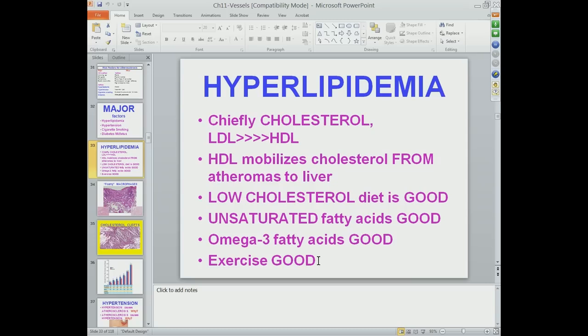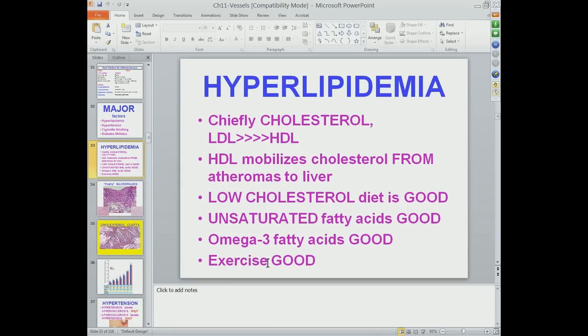Exercise is good. You know, that raises your HDL. We all know that. Now, you want to know something that's kind of weird? I don't know if I'm going to show you this picture yet. Oh, I think I showed it to you before. Not only will increased serum cholesterol and cholesterol esters, lipids, be in the foamy macrophages and perhaps go into the artery, but it will also come out.